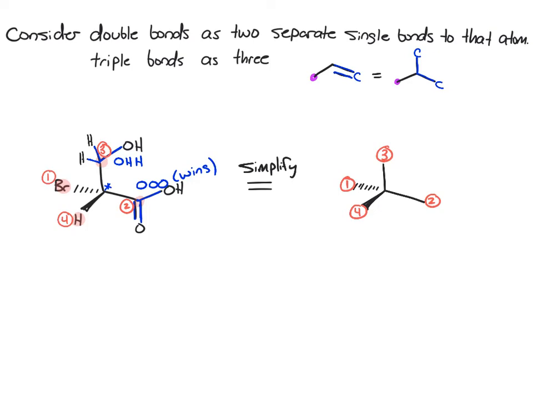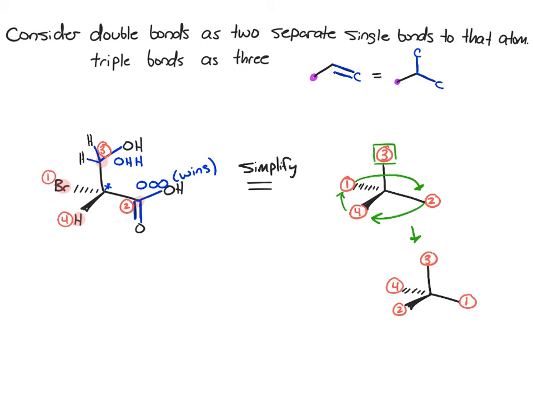So what I can do, let's say we hold 3 constant, then I can rotate 4 to the back, 1 into the plane, and 2 out. Once we do that, we still have 3 we held constant, 1 over here, 2 here, and 4 here.